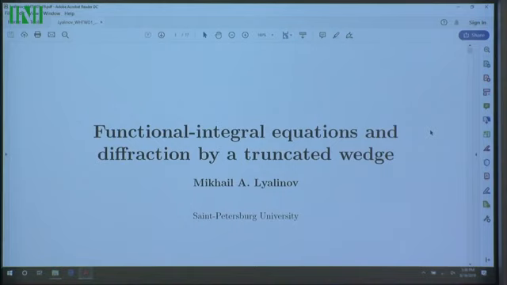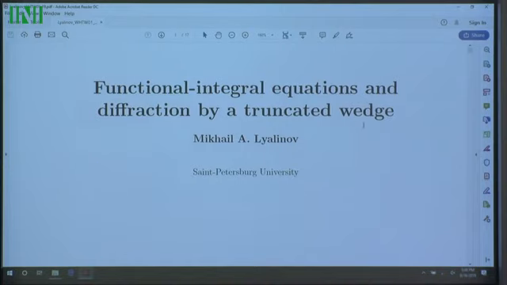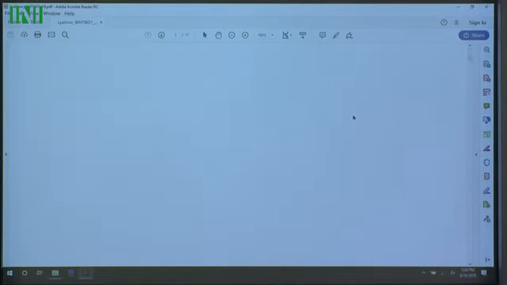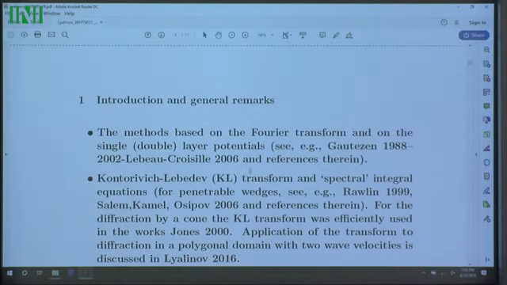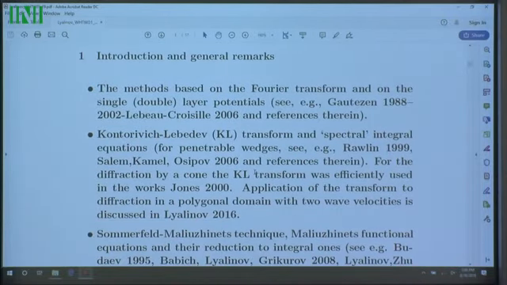This problem is nothing more but diffraction by a truncated wedge or a truncated angle, because we shall consider a 2D problem. And before starting my explanation dealing with the new object that I would like to describe, I will make the following introduction and the next general remarks.